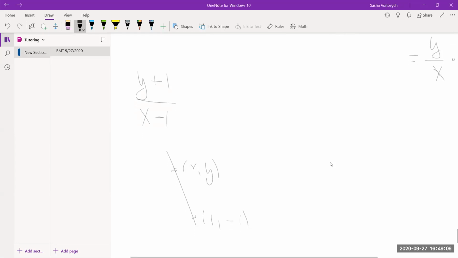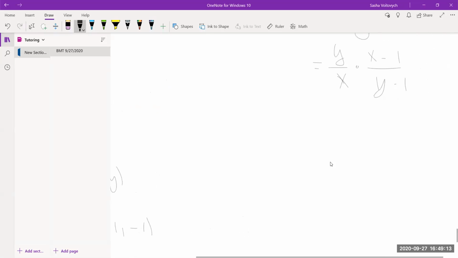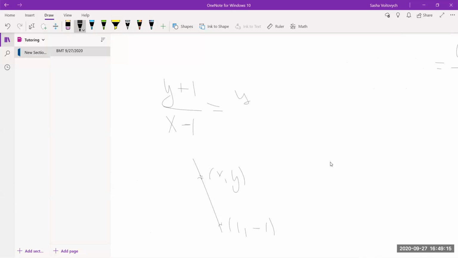Okay. So we need this to be equal to y over x times (x - 1) over (y - 1). So this is for x and y lying on a curve.